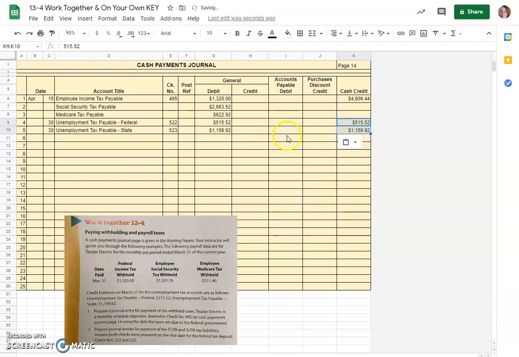Notice we didn't have anything that went in these special amount columns other than the cash credit. Because we'd entered things here, we knew that there would be general debits, right? So that is the end of the paying withholding and payroll taxes problem 13-4. Hopefully that all clicked and made some sense.